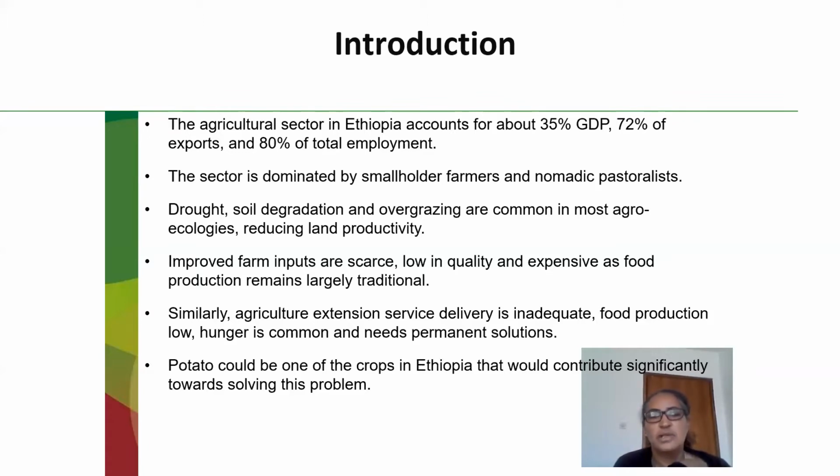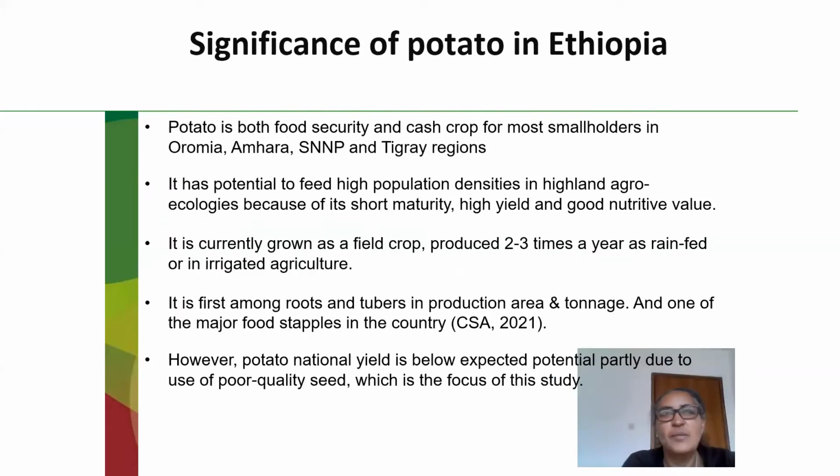Potato could be one of the crops to solve these problems in Ethiopia that would contribute significantly towards food security and income generating. Potato is important in Ethiopia because it serves as food security and cash crop for most smallholders in Oromia, Amhara, SNNP, and Tigray regions.